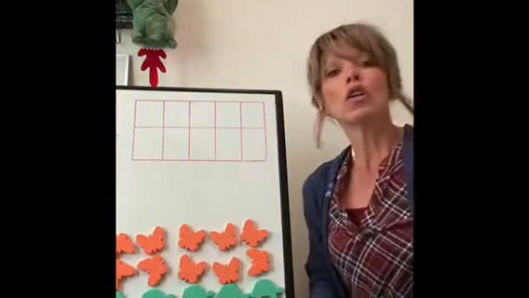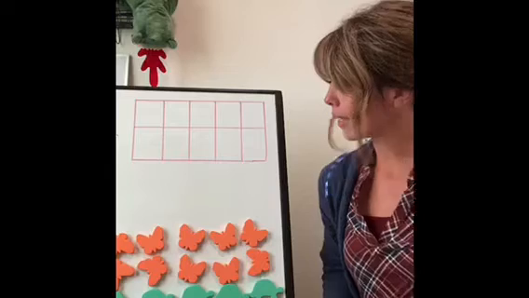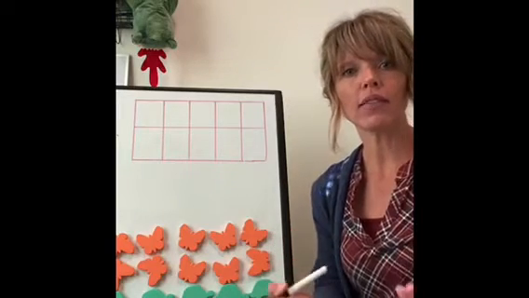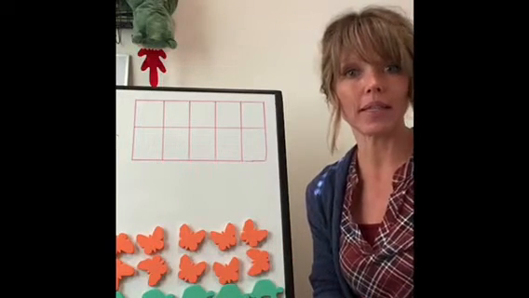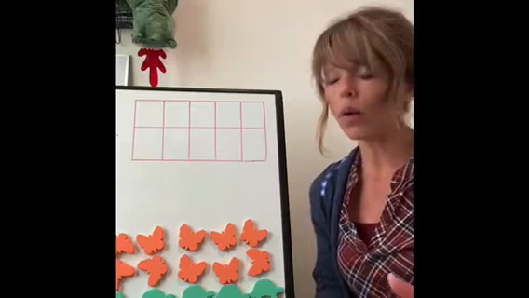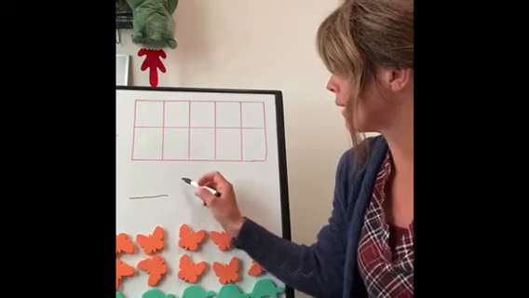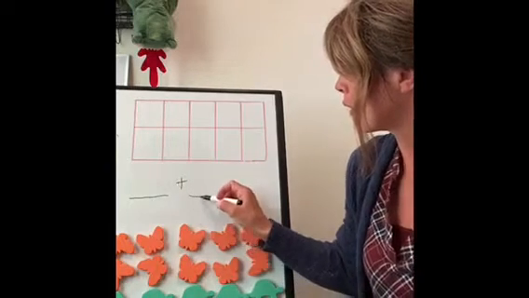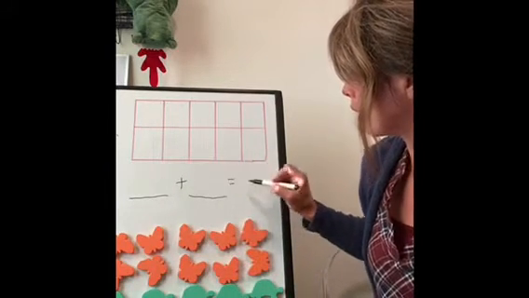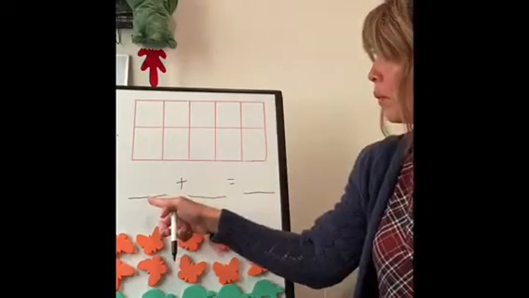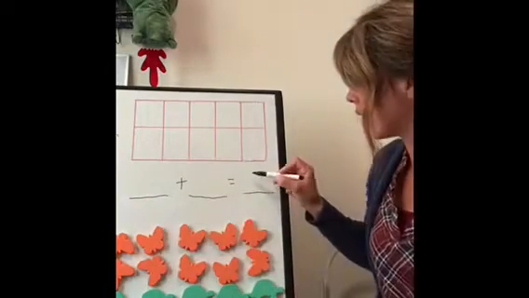Okay, so today's activity is going to be an activity that we're going to use to think about ways to make 10. And our number sentence that we'll be using today is going to have a missing number. Okay, so it's going to be a number plus a number equals 10.